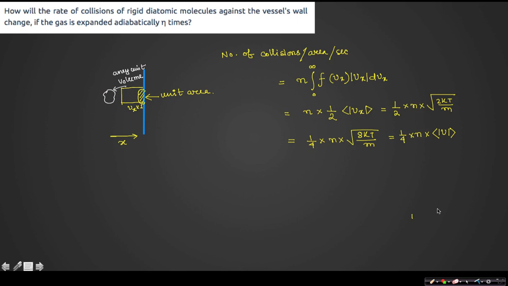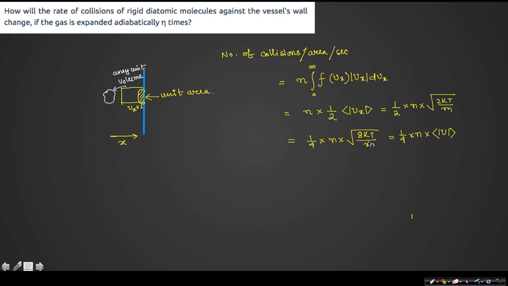So the number of collisions per unit area per second will be this integration from 0 to infinity, and you should remember that this integration talks about the average speed in one direction, which was root over of 2kT by m, right? And it is not from minus infinity to plus infinity. 0 to infinity is half of the average value. So I have written this integration as half into n into root 2kT by m.